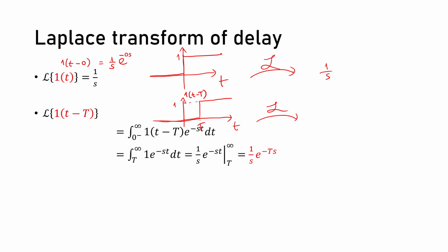And this one, 1 of t minus capital T, then you can have this. How about the Laplace transform of 1 of t minus pT? Then it equals 1 over s times e to the minus pTs. Okay.